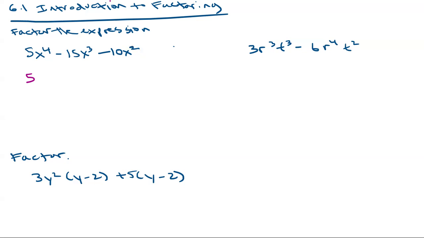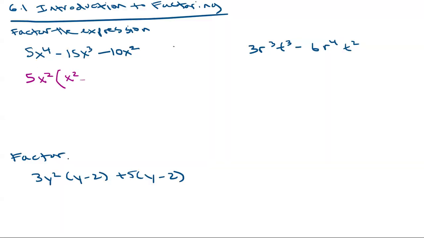Okay, so I'm going to take out an x squared here. And then I'm going to be left with what? Well, what can I multiply to x squared to give me x to the fourth? X squared, yes. So I have x squared here.